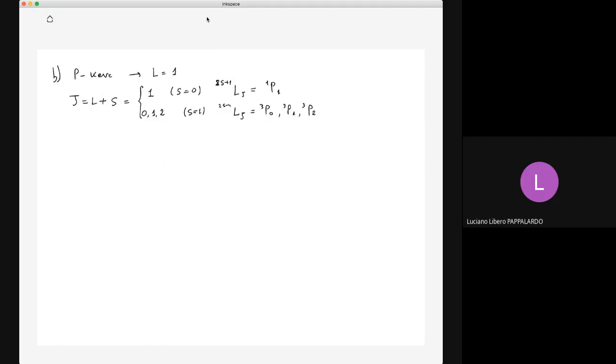Let's start with the parity. The parity of this fermion-antifermion system is given as usual by (-1)^L, then we have the intrinsic parities of the fermion and the antifermion. L is equal to 1 in this case, so this is (-1)^1, times +1 times -1 for the intrinsic parities, and this is overall +1.